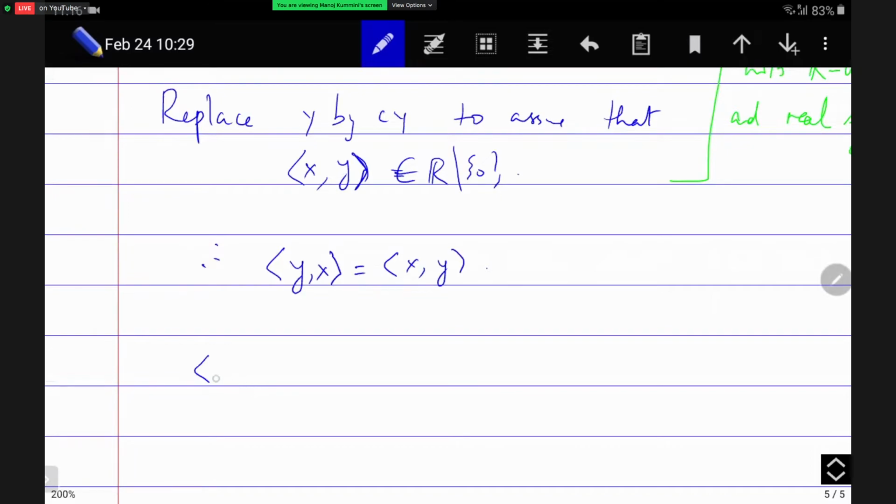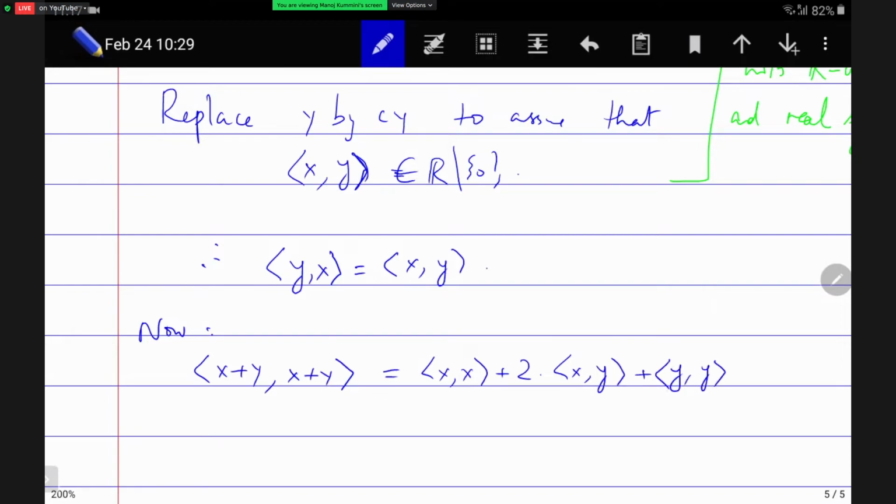Now write ⟨x+y,x+y⟩. By linearity, this is just ⟨x,x⟩ plus 2 times ⟨x,y⟩ plus ⟨y,y⟩.